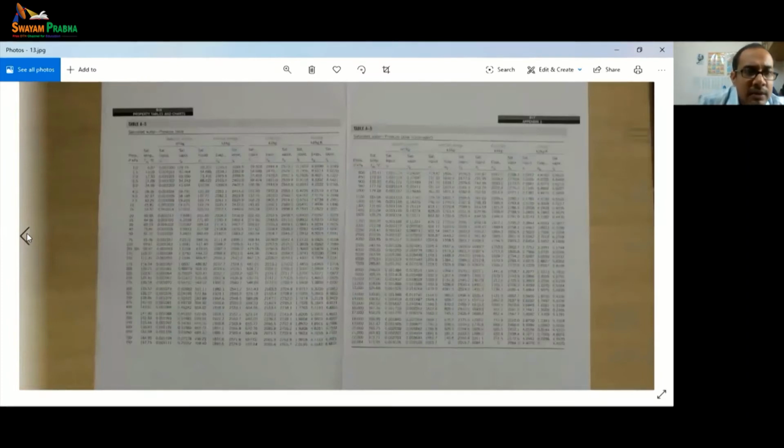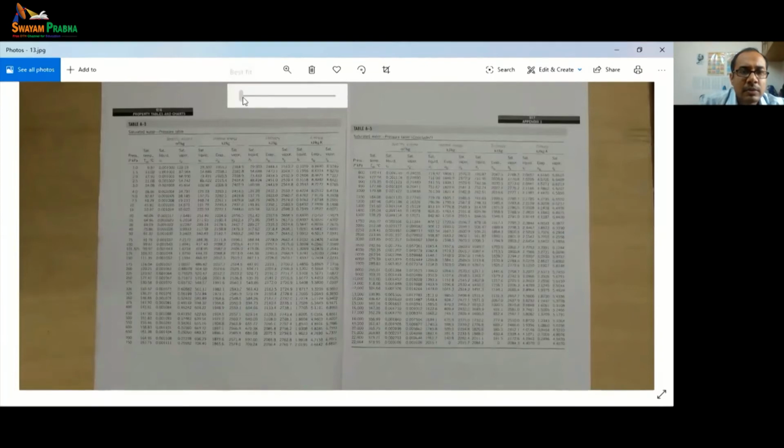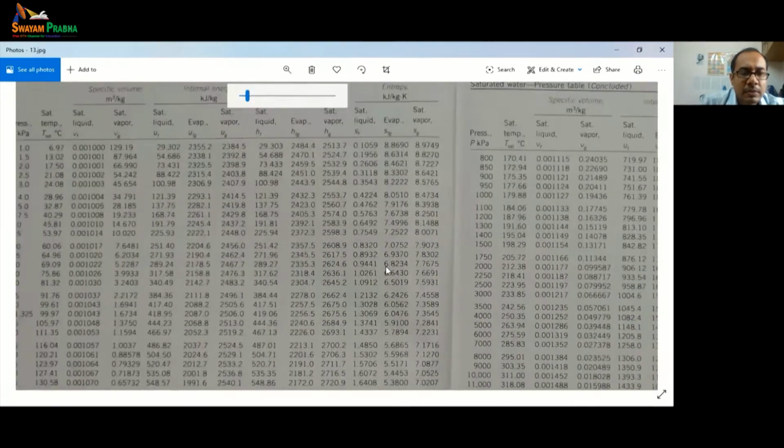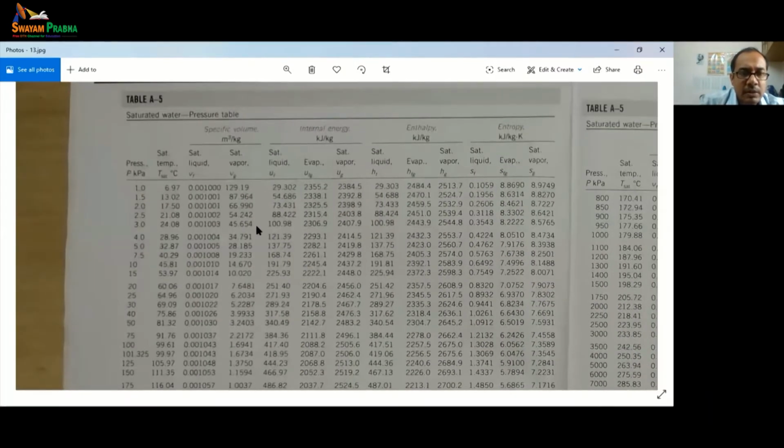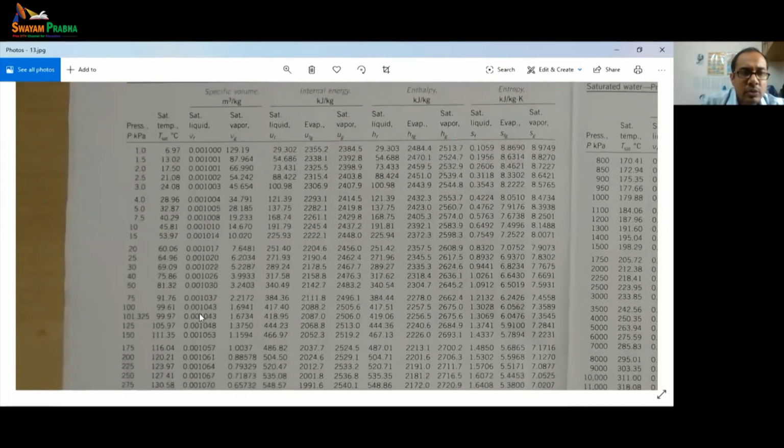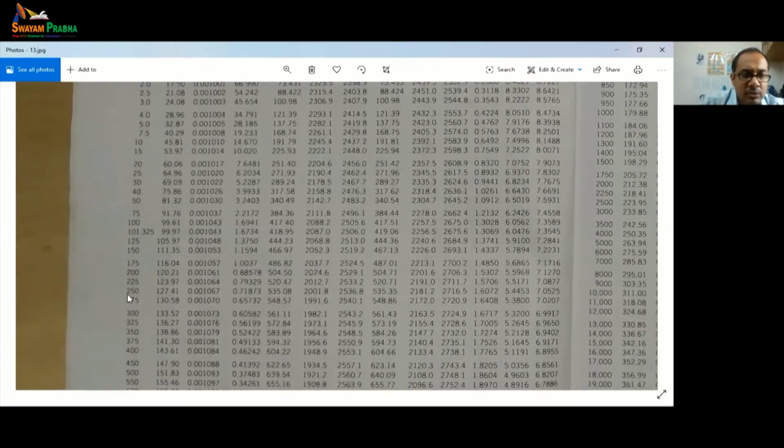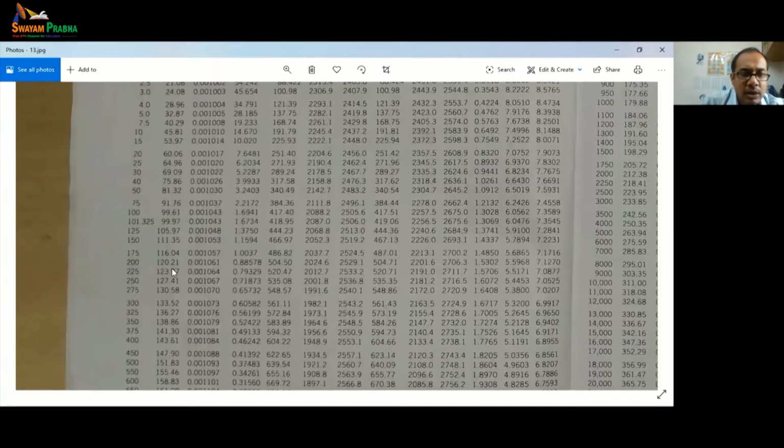This is the saturated pressure table, and this is the 200 kPa value. The temperature is 120.21 degrees centigrade.